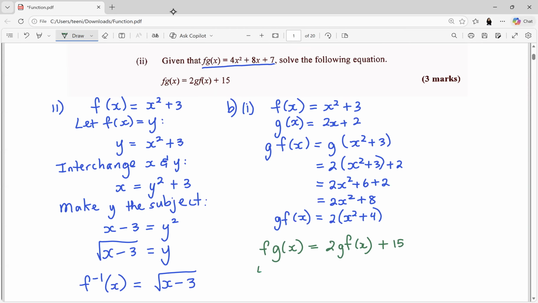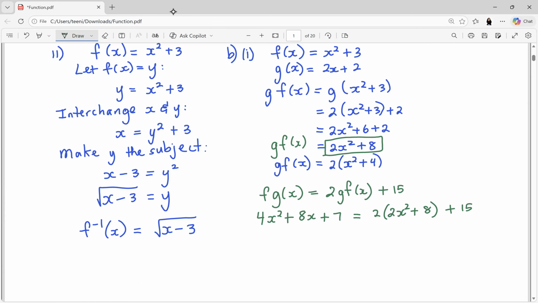So that would be 4x squared plus 8x plus 7. That's what f of g of x is. And that is equal to 2 of g of f of x. So 2 of g of f of x will be 2 times, I'm going to use it in this format, just because it's going to be easier to work it out there, right? So 2 times 2x squared plus 8 plus 15.